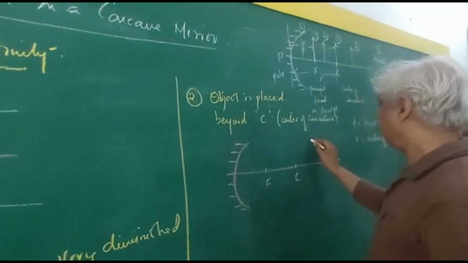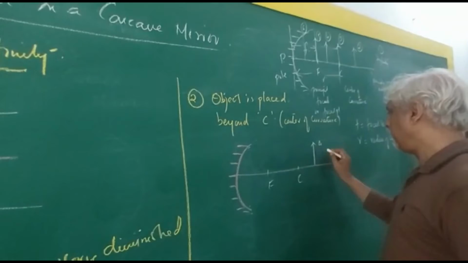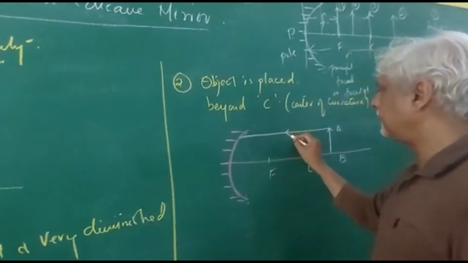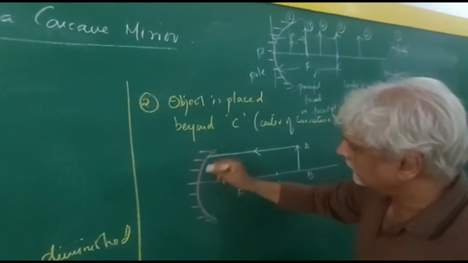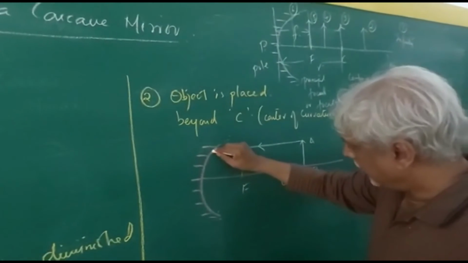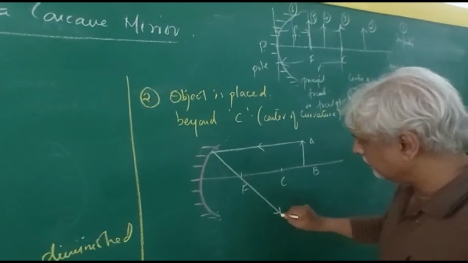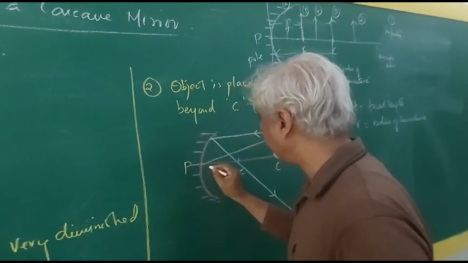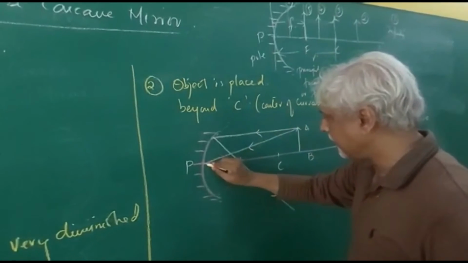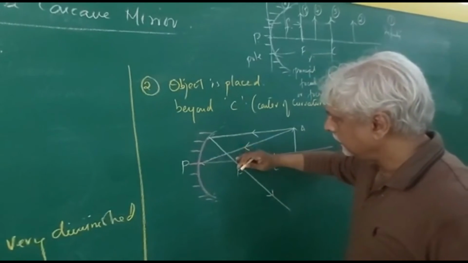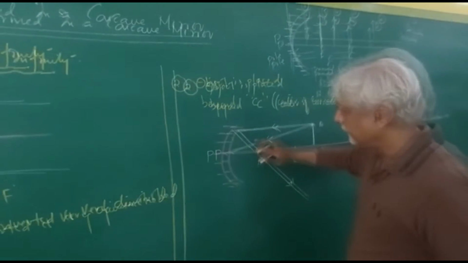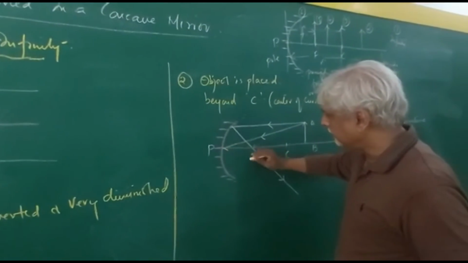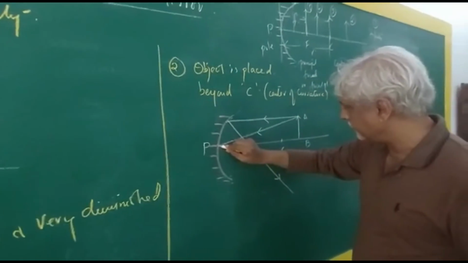So when you have the object AB placed beyond C, the first ray of light will strike the concave mirror and pass through the principal focus. The second ray of light will strike the pole of the mirror and reflect back at the same angle. The angle between the principal axis and the incident ray is called the angle of incidence, and the angle between the reflected ray and the principal axis is called the angle of reflection.